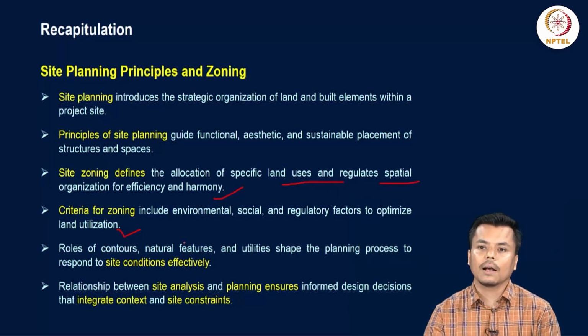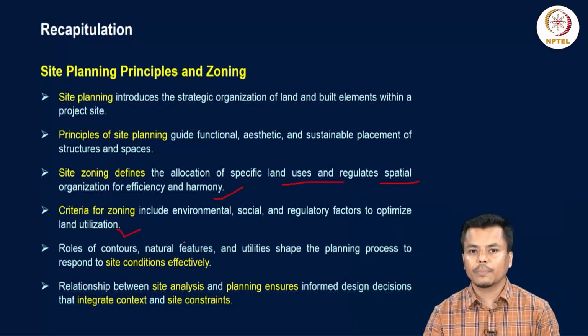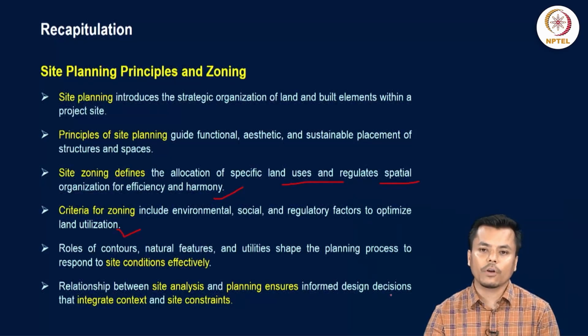So that was covered in the previous presentation, along with the understanding of relationship between site analysis and planning, which was explained, so that it ensures an informed design decision process that integrates the context and the site constraints. So overall, these different aspects related to site planning principles and zoning was covered in the previous presentation.